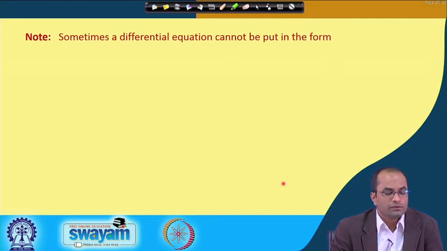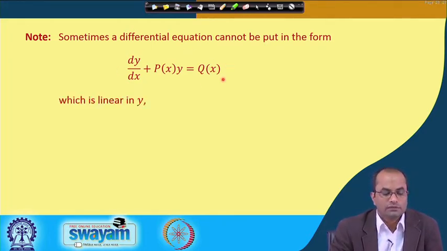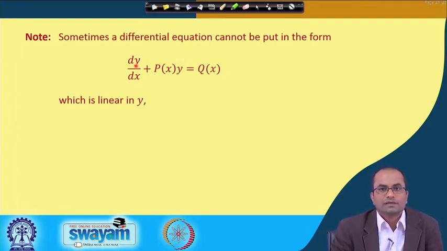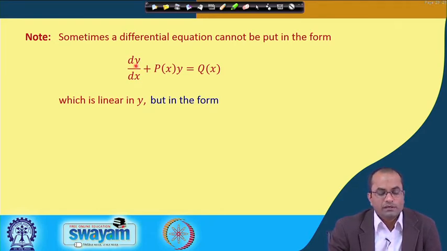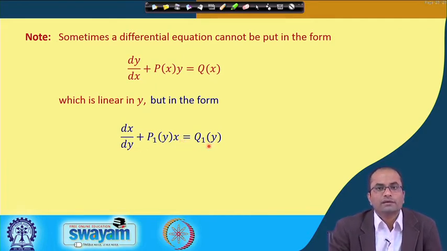Here is just a note: sometimes the differential equation cannot be put in the form dy/dx + p(x) y = q(x), meaning that it may not be possible to write this equation as a linear equation in y. That is the standard equation which we have considered before, but the equation can be put in the form dx/dy + p1(y) x = q1(y).